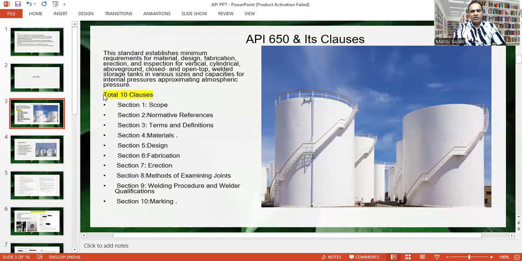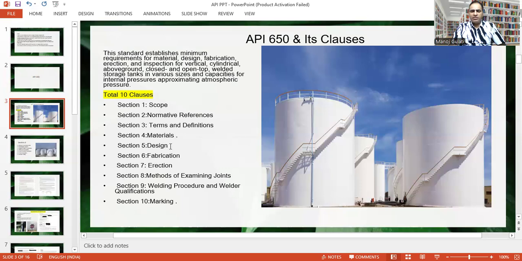In this standard, there are a total of 10 clauses, divided into 10 sections. The first section is scope. Second is normative references, which give the references for the various terms used inside the standard. Then we have terms and definitions. Then we have the materials, which gives guidelines on the material that should be used.